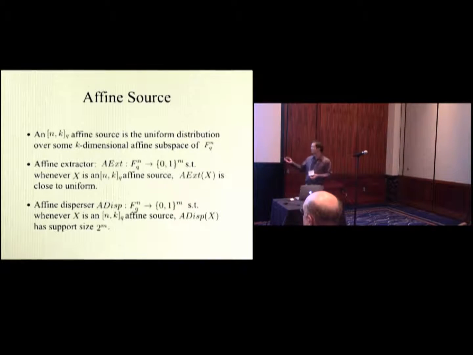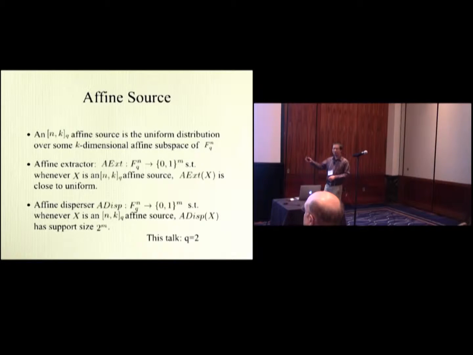And there is a weaker version of an extractor called a disperser, which does not require the output to be uniform, but only requires it to have a large support size. And in most cases, we would like to have full support size, let's say 2 to the m. Okay.